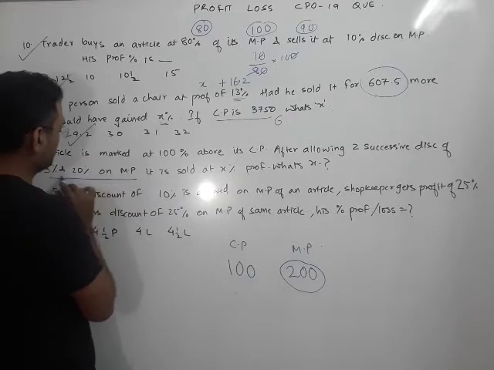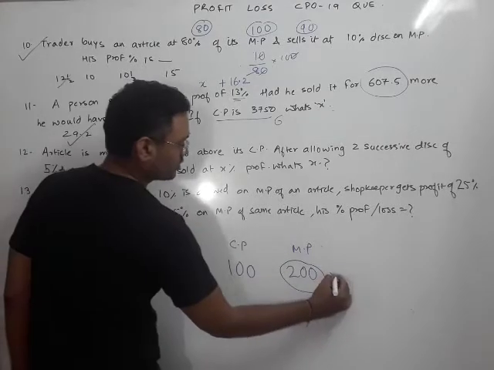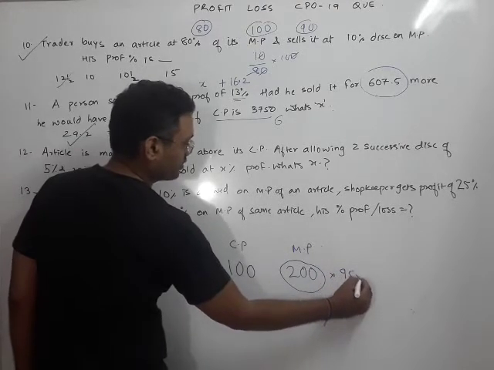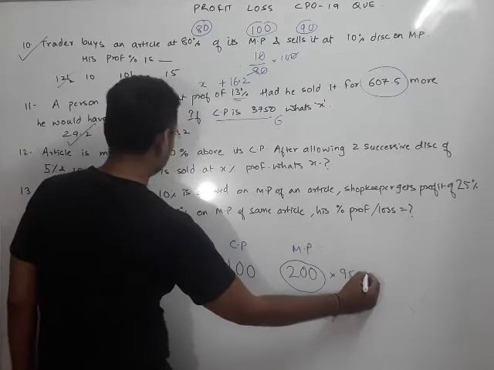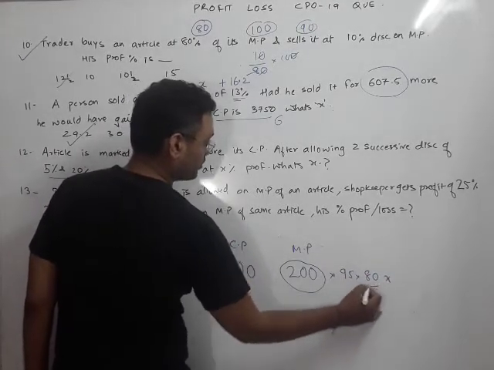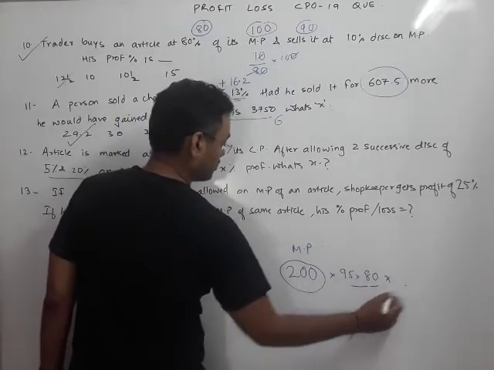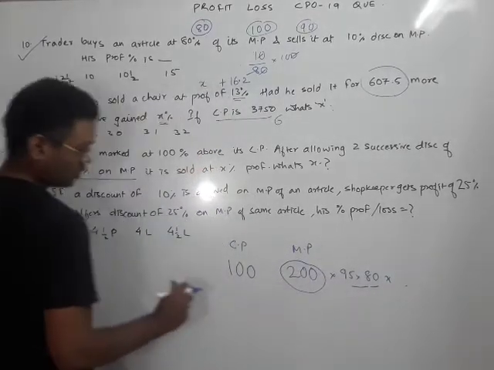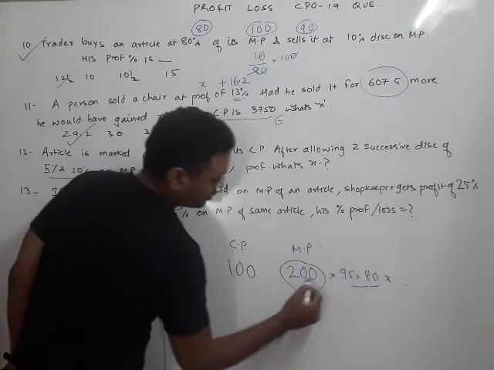2 successive discounts of 5% and 20% means 5% means 95%, 20% means 80% of something. So what does it become?